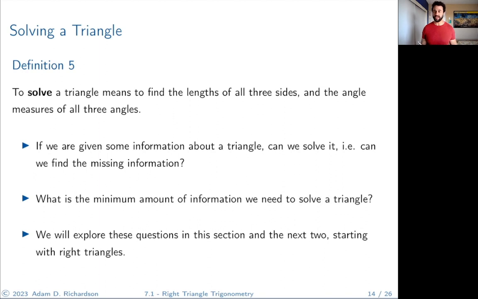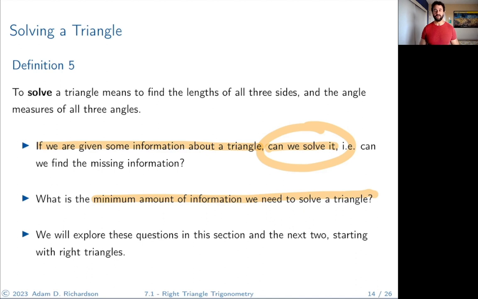There are some interesting questions that go along with this process. If we know some information about a triangle, can we solve it? Can we find the missing information? Another interesting question is, what's the minimum amount of information that we need to solve a triangle?